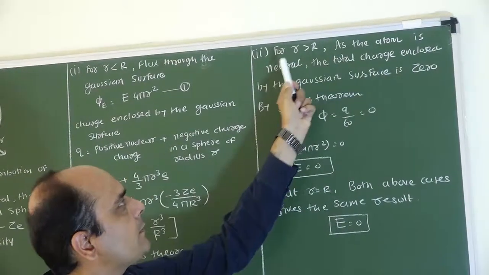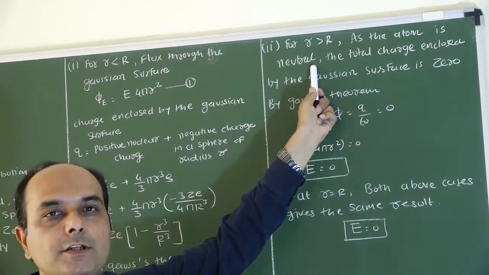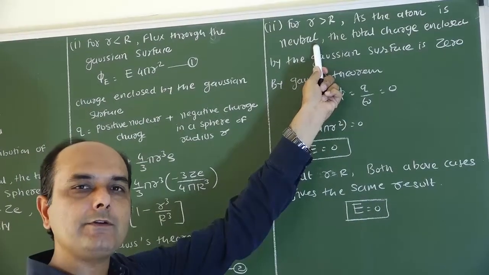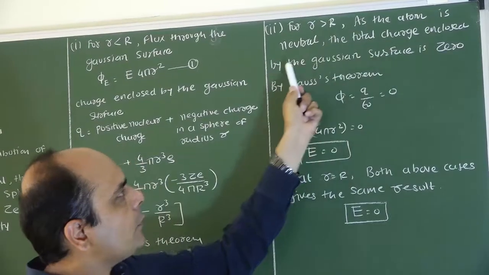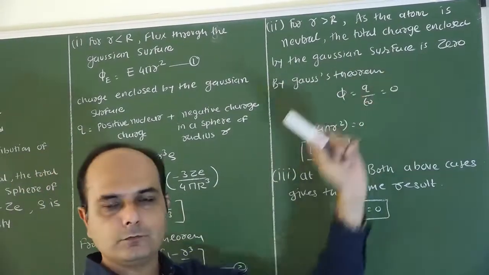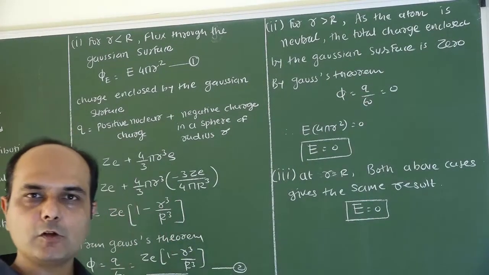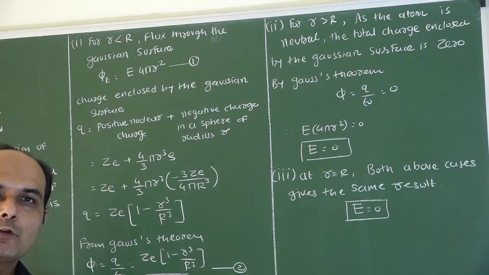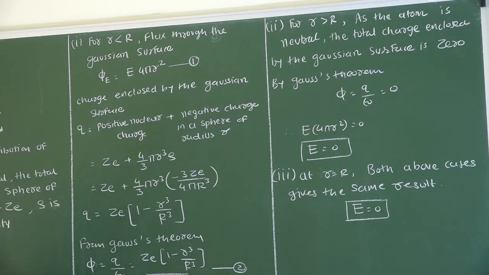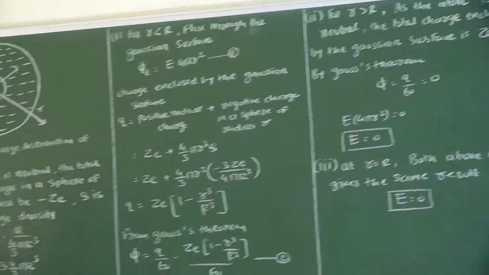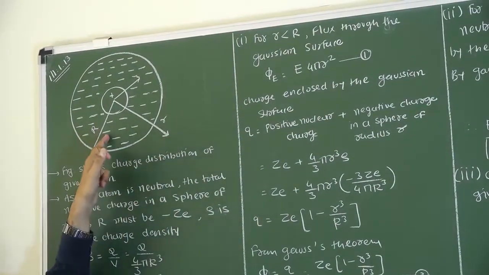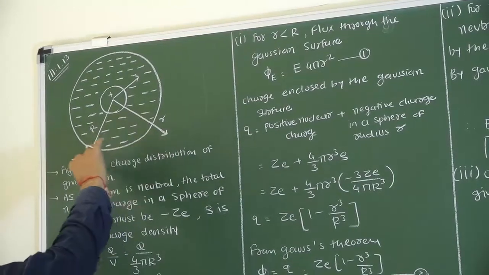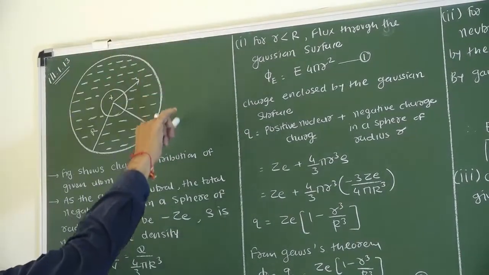As the atom is neutral, neutral means the number of positive and negative charges are the same. The total charge enclosed by the Gaussian surface is 0. Students, again we are moving to our diagram. In this diagram, this is a distance which is more than R, and the Gaussian surface is like this.